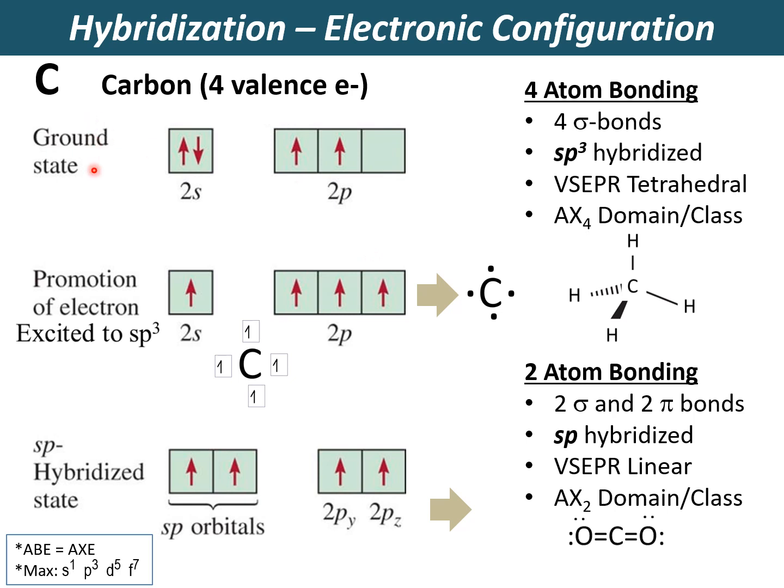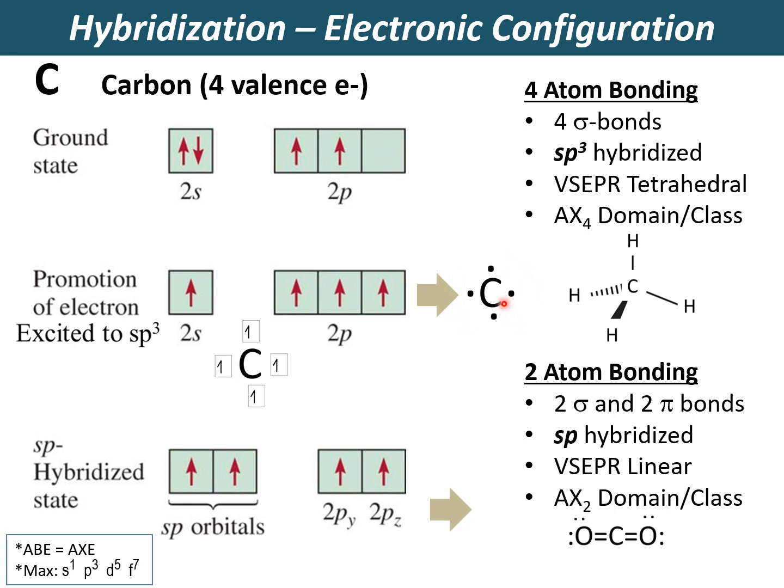So let me repeat. We start with a ground state that looks like this. Standard ground state electronic configuration. Then we promote an electron from this 2s to the 2p, and it will be spin up when it's promoted, giving us the preferred hybridized Lewis dot structure look.